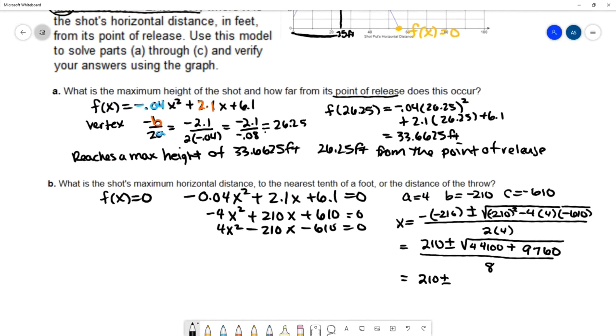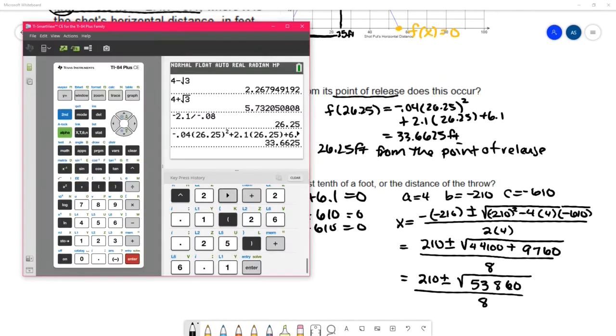So I have 210 plus or minus the square root of 44,100 plus 9,760, and that gives 53,860 over 8.